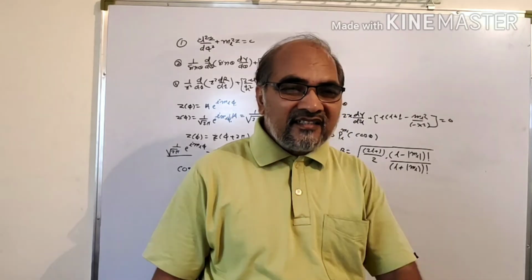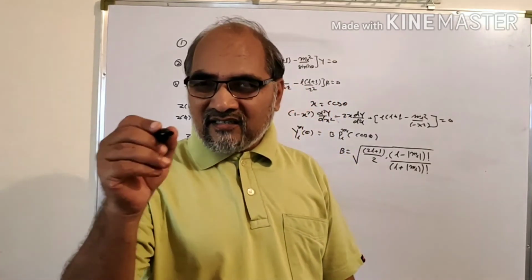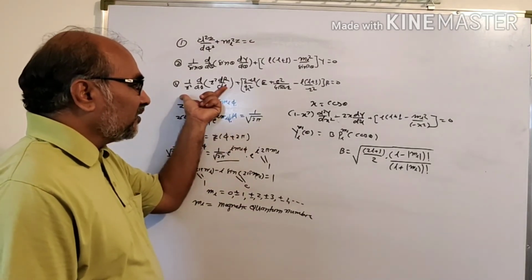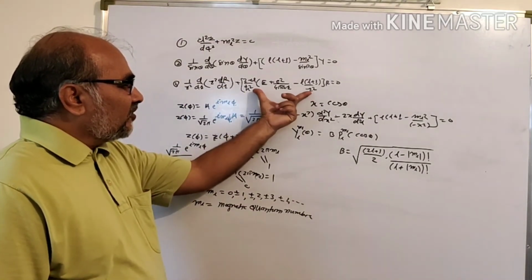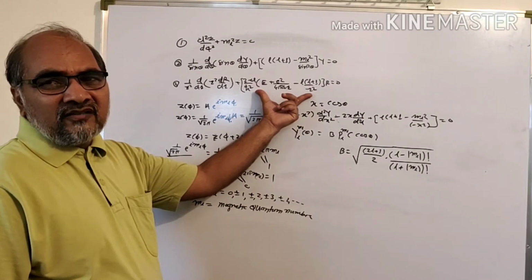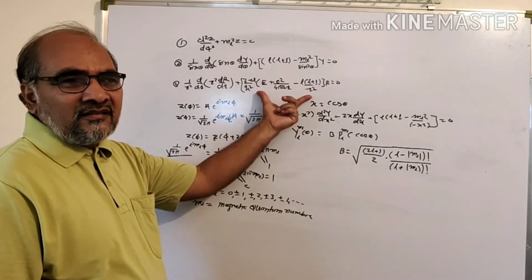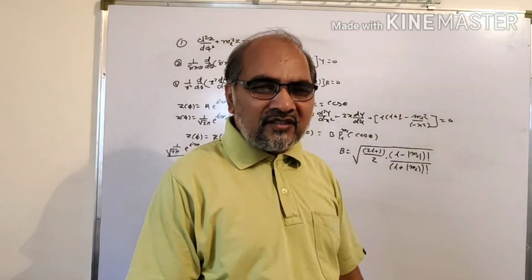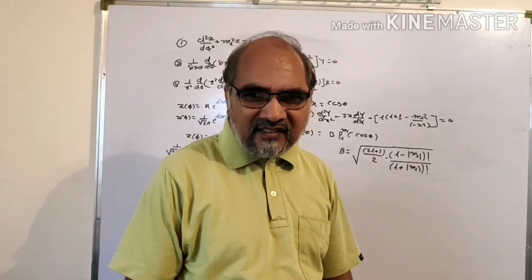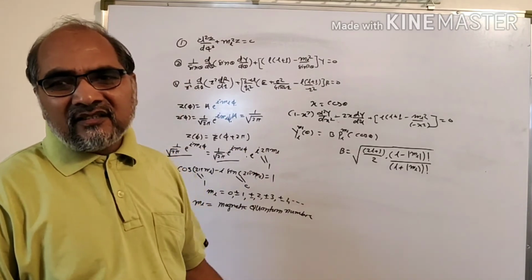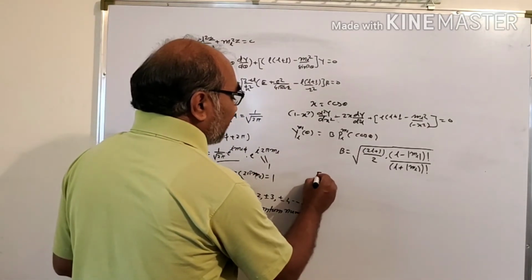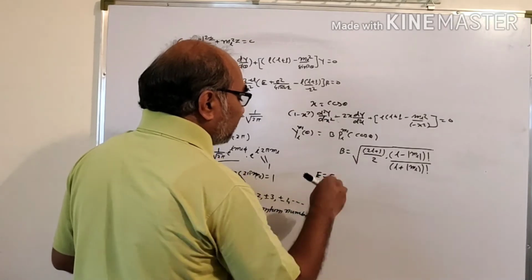As we saw last time, the first term derivative is equal to 0. This equation gives a number of solutions, but the valid acceptable solution is at energy E equal to En.